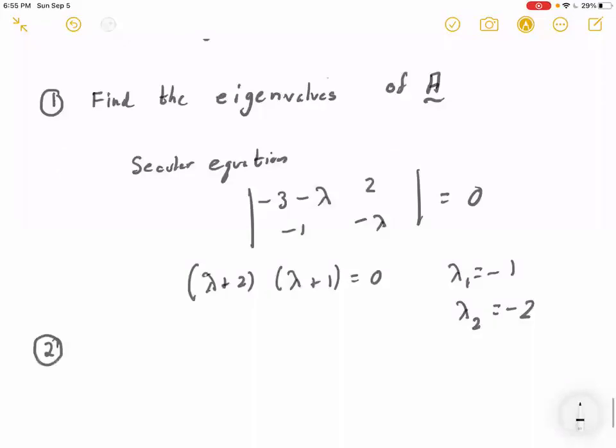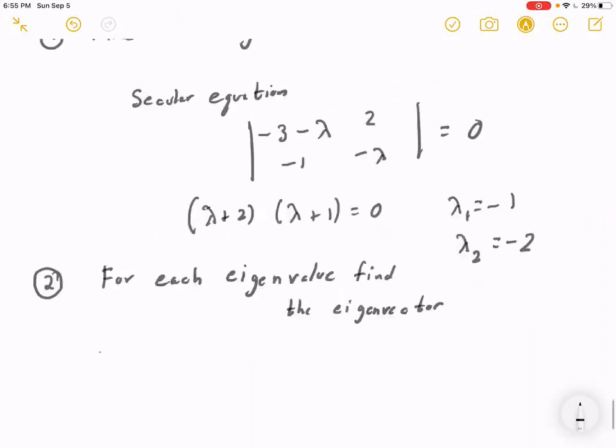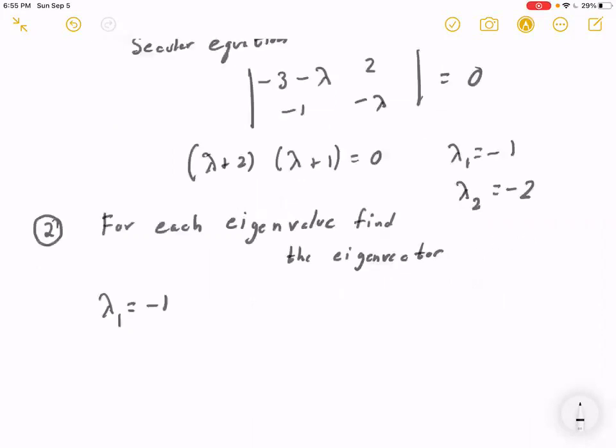Second step of this matrix diagonalization procedure is, for each eigenvalue, find the eigenvector. So again, everything in this course is cumulative, and these are skills that we've practiced before. So the first eigenvalue is lambda 1, that's minus 1.